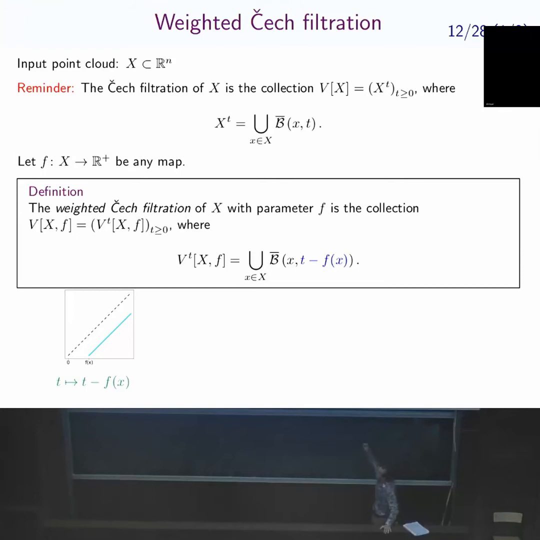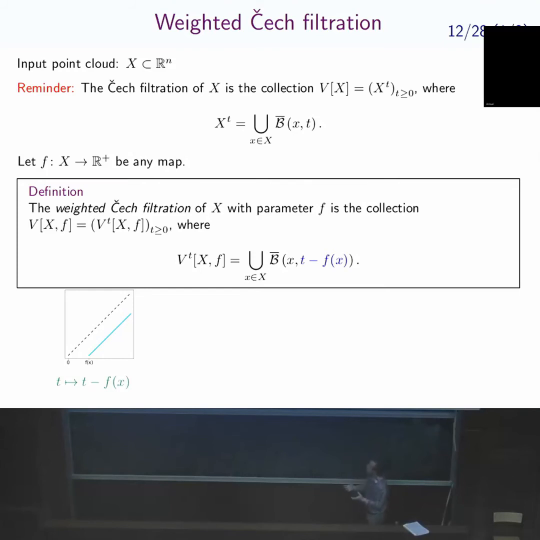I define the weighted Čech filtration to be the collection of sets V_t, where V_t is a union of balls centered around every point of X, but with radius t minus f(x), t minus the weight. If you have a ball of negative radius, it is the empty set by convention.